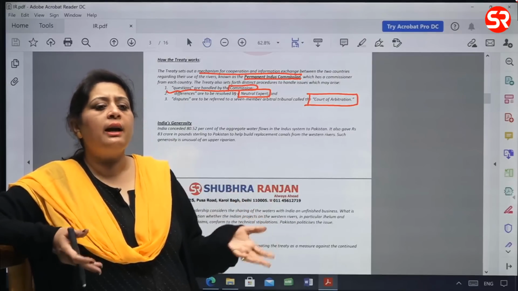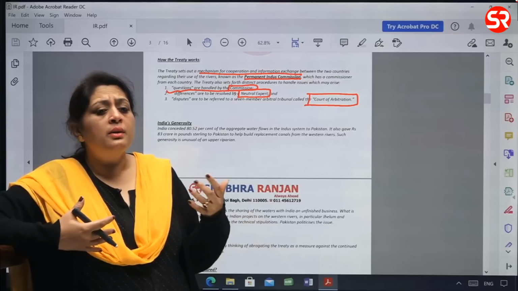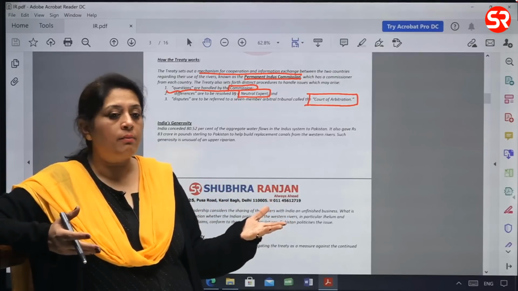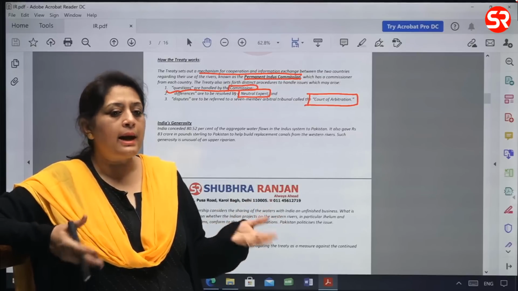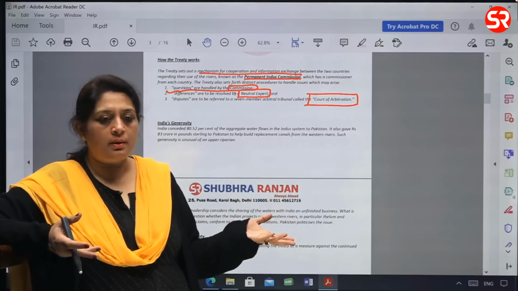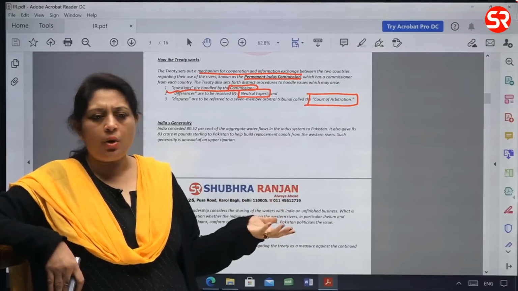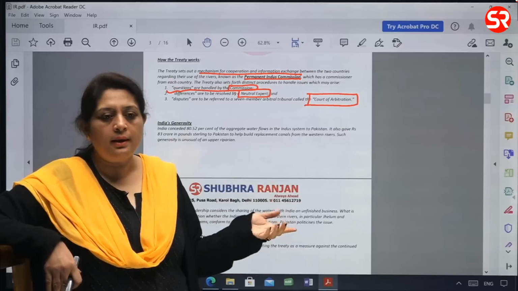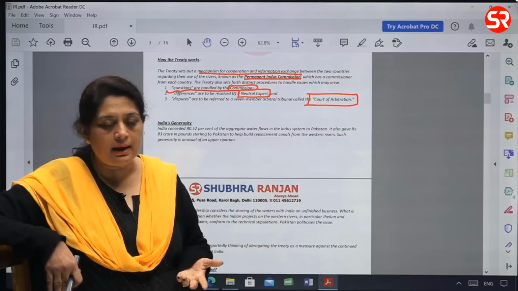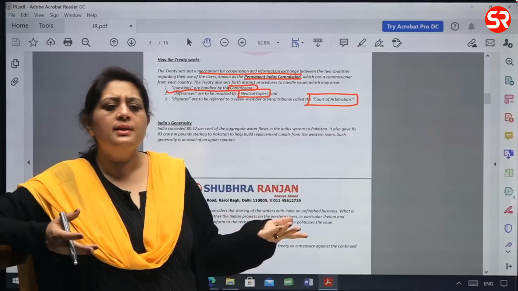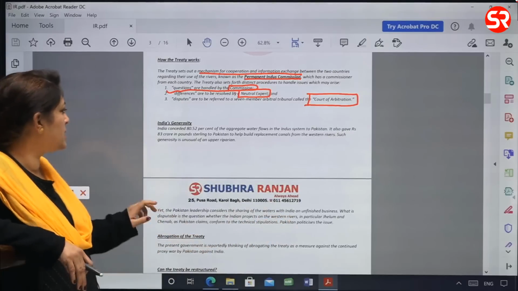So we have to be ready for the worst case scenario emerging from Pakistan. That can happen even if we use this tactic or not. So there is no harm if we think that this can create some pressure point. So this is how you can manage this.